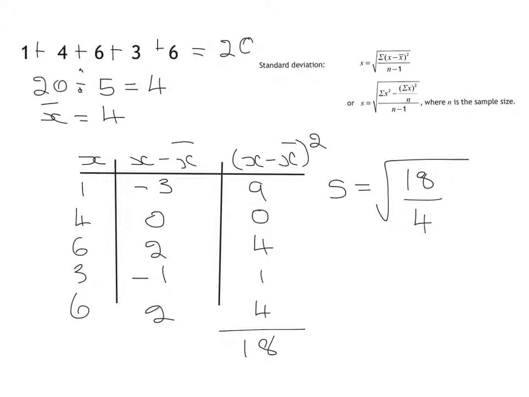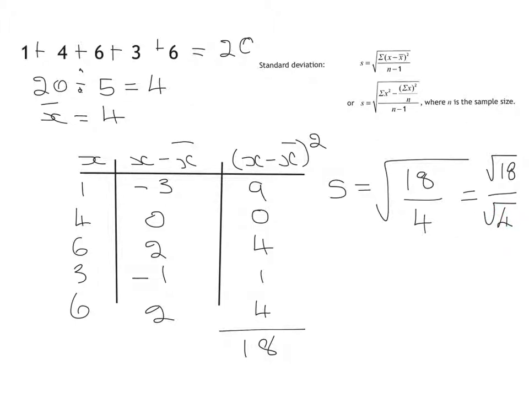Now, we need to simplify this. So 18 over 4, first thing I'm going to do is put my square root sign on the 18 and on the 4, and then I'm going to take the square root where I can and simplify. Remember what we're trying to match up? We're trying to get a 2 in the bottom here.